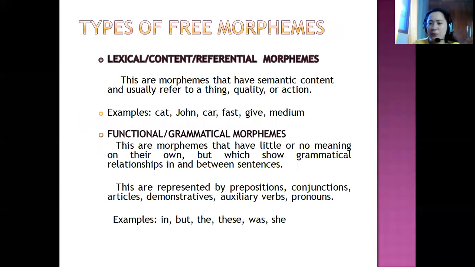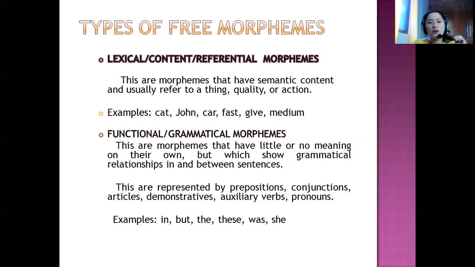The free morpheme has two types, the lexical and the functional morphemes. Lexical morphemes refer to verbs, adjectives, nouns, and adverbs. Functional morphemes refer to prepositions, conjunctions, articles, demonstratives, auxiliary verbs, and pronouns.